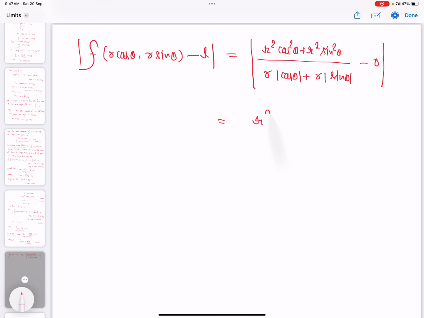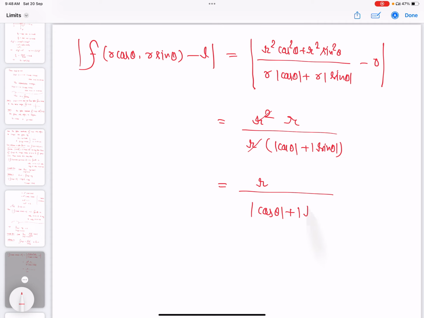So that is r square upon r times mod cos theta plus mod sin theta. So r is cancelled out, and we get r upon mod cos theta plus mod sin theta.